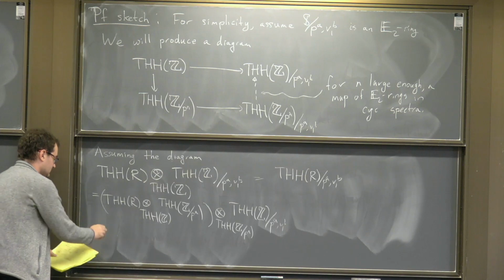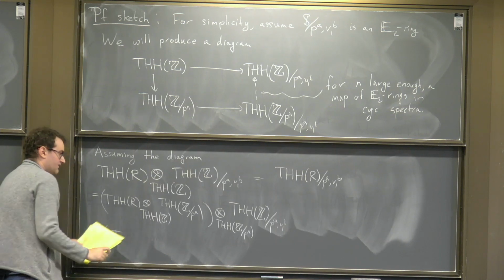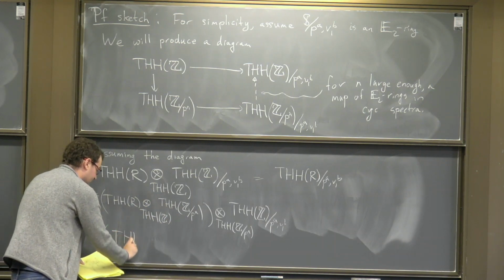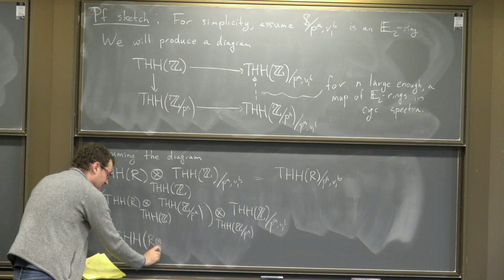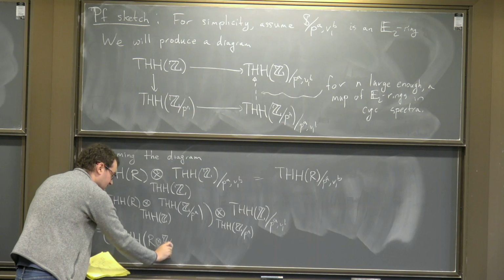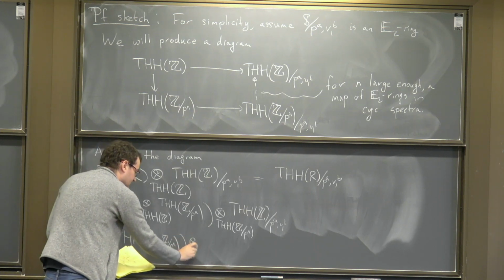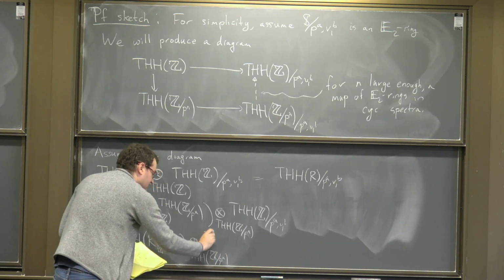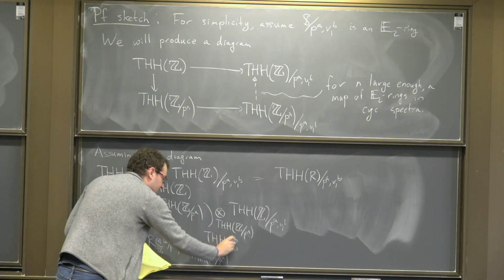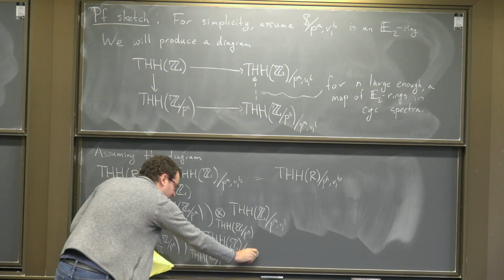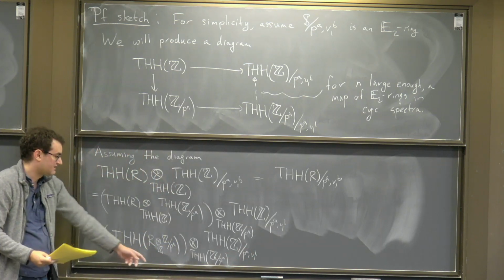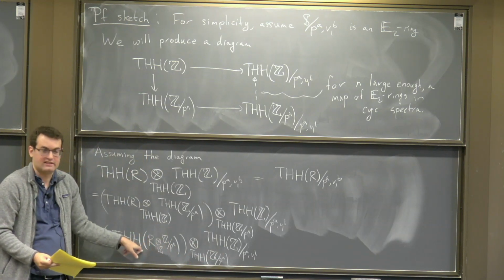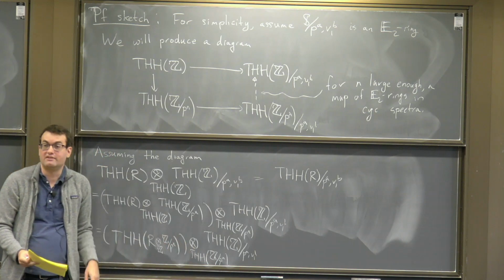But now this expression is the same thing by symmetric monoidality of THH, and these are all E infinity ring maps, as THH of R tensor Z, Z mod p^n, tensor over THH of Z mod p^n with THH of Z mod p^a v_1^b. Right, so we have now expressly written this as something that obviously depends only on R mod p^n as a Z mod p^n algebra.